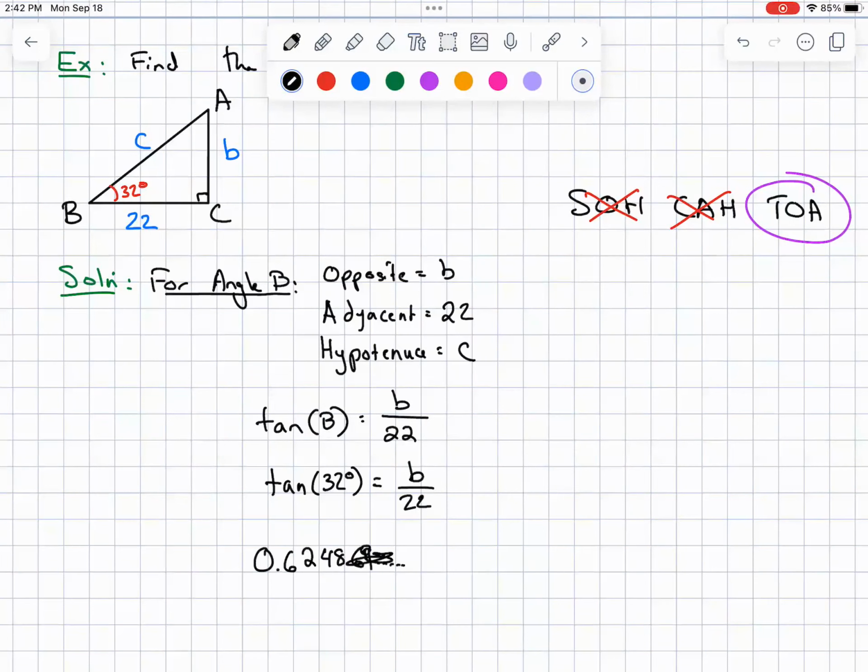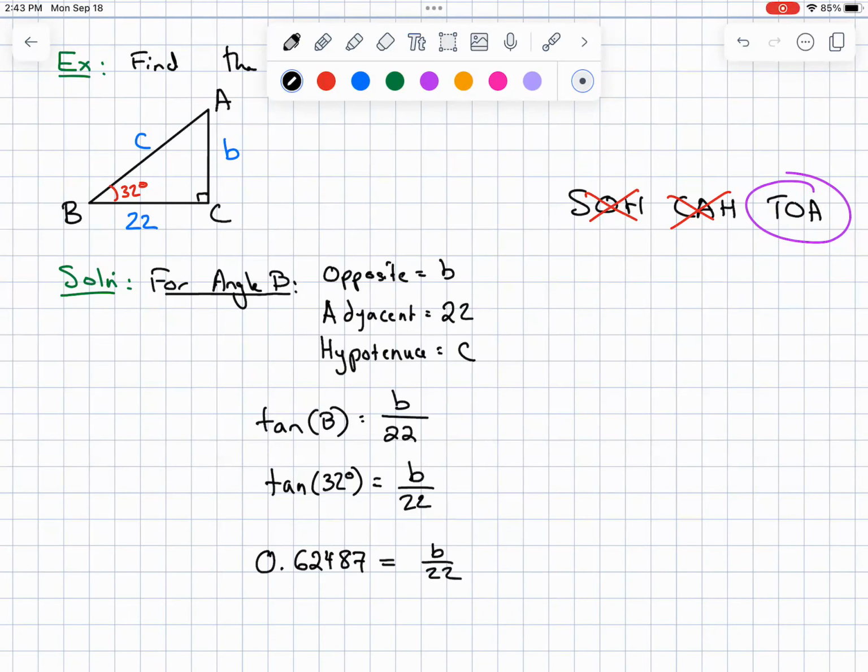Let's just write down 5 decimals. That should be sufficient. So 0.62486 or 87, because it's 6.9, so round up, is equal to b over 22.